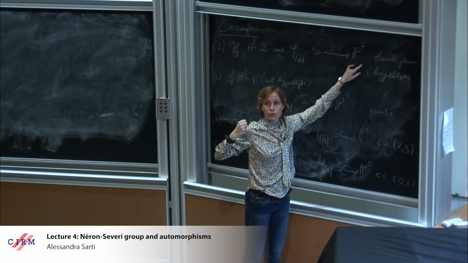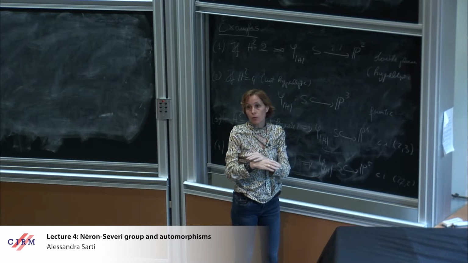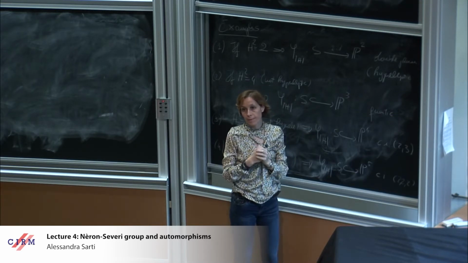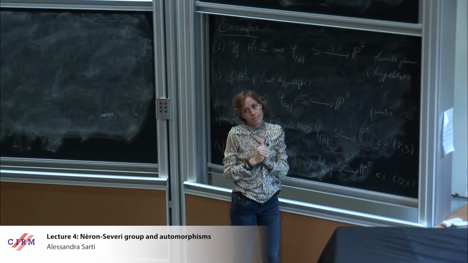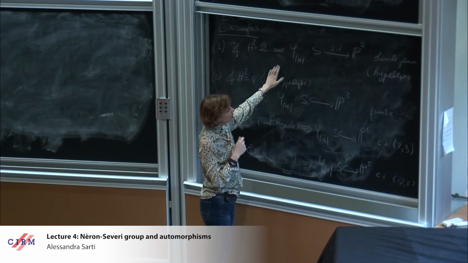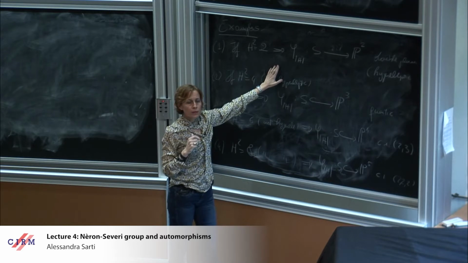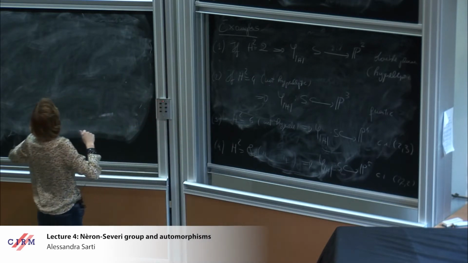For example, if you take A squared equal to 4, and they have hyperelliptic case, the image has degree 2, and in fact is a cone, so you have a double cover of a cone that ramifies somewhere.